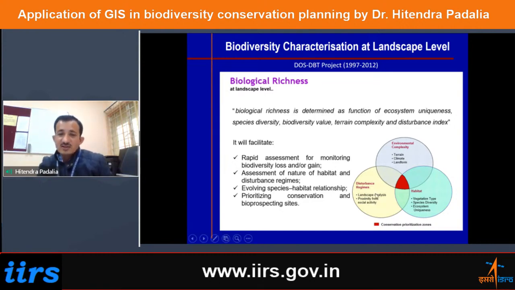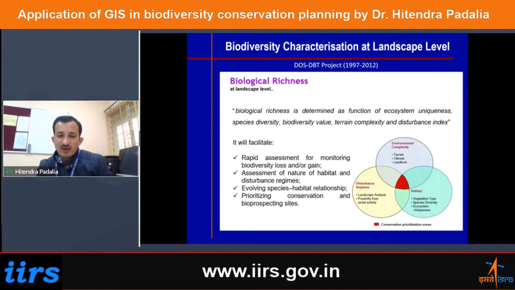Similarly, there is the disturbance regime, the human disturbance, particularly the roads, the settlements, and the human dependency on forest, which is high in those areas where human population is more. Nobody can expect very high disturbance in the high altitude Himalaya, where population is very small.